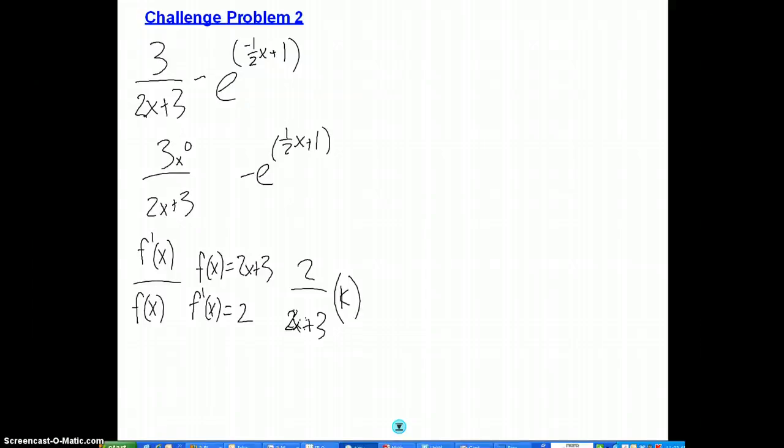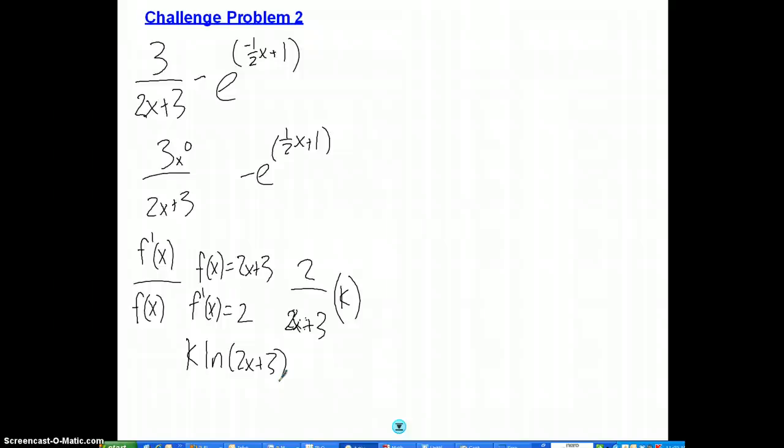So what we do now is take the 2 over 2x plus 3 and antiderivatify it, and you get k times ln 2x plus 3, using the basic derivative sheet which we were given. Now we just have to solve what k is equal to.